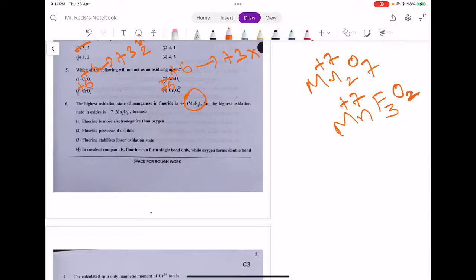Here MnF3O2, and in Mn2O7 manganese possesses the highest oxidation state.